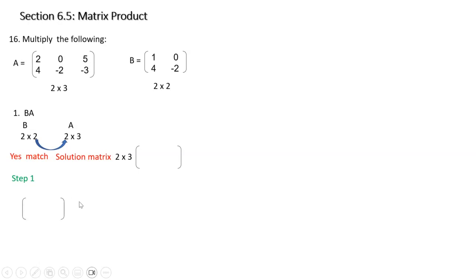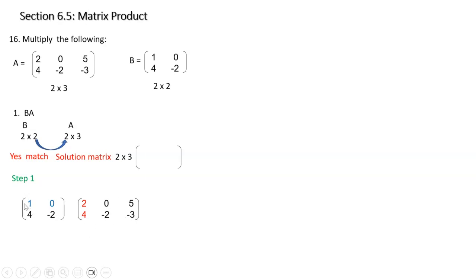Okay. So here, guys, step 1, let's put the matrix B, which is 1, 0, 4, negative 2. Let's put matrix A. So why are these colored? Because I'm going to multiply the first row of the first matrix times every column.